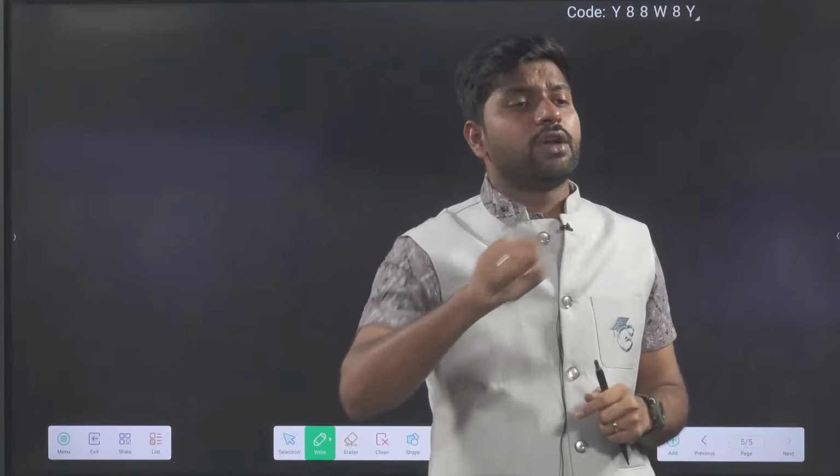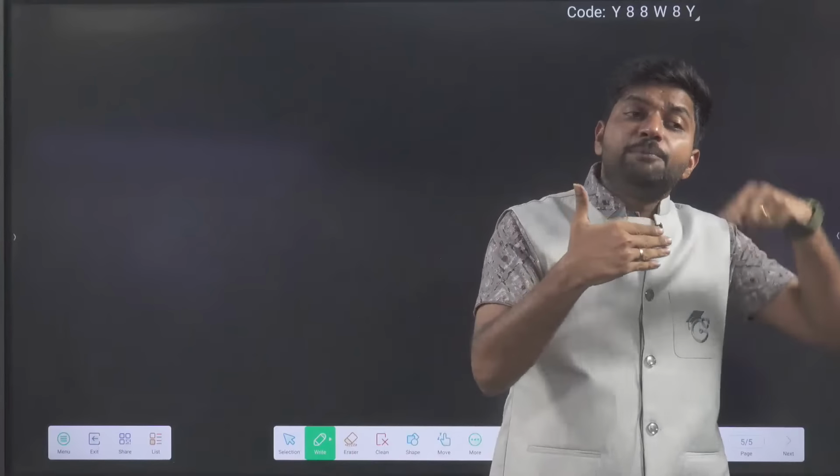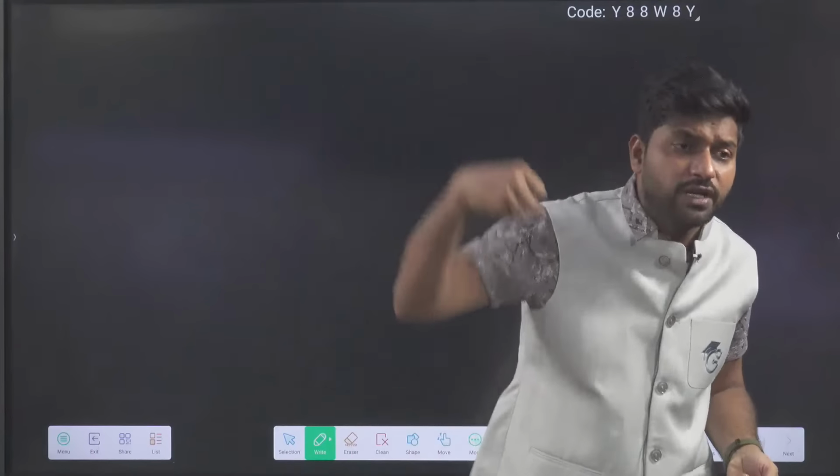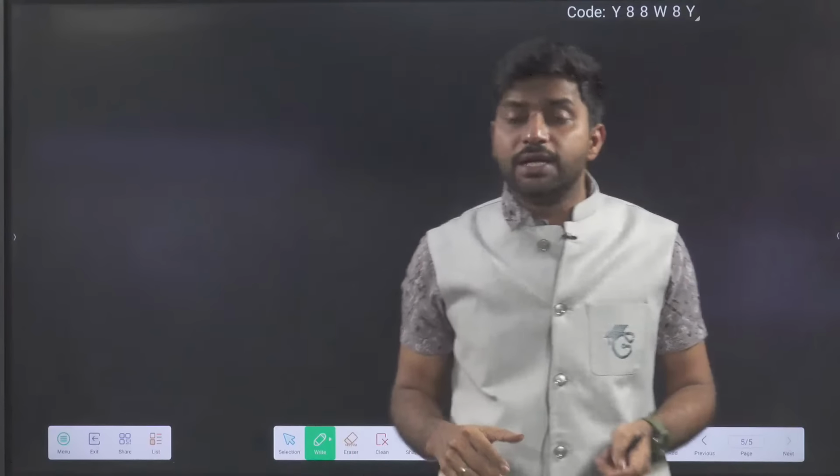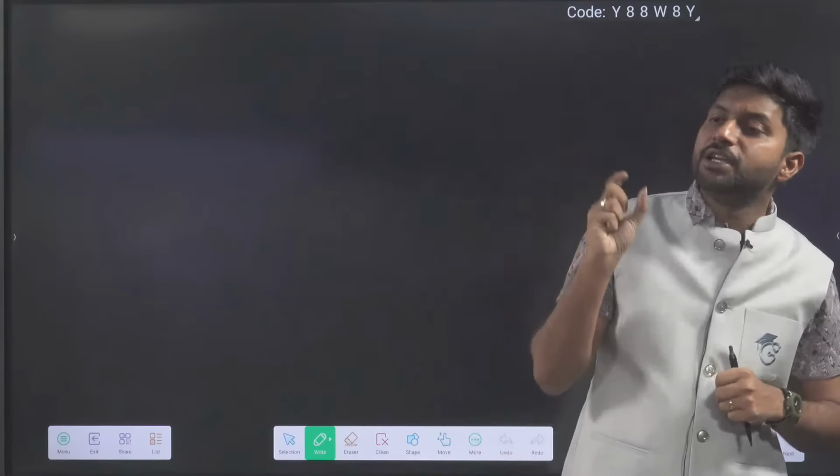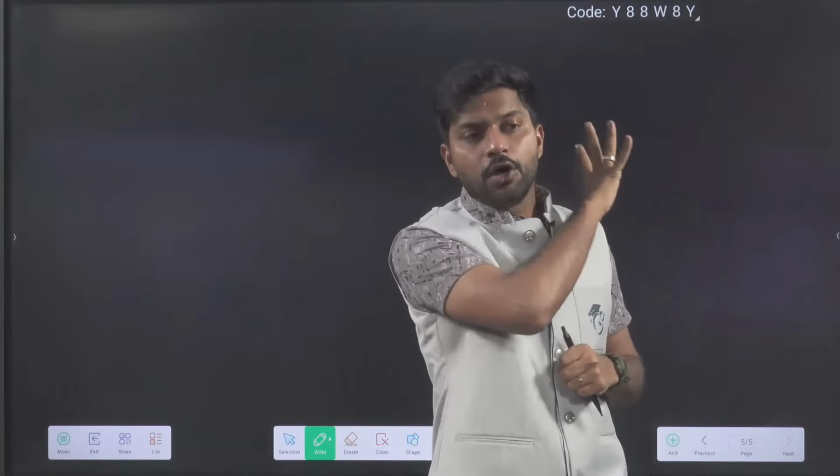If you have kept helium gas, then an He plus 2 ion will form. The 2 electrons that come out will move with the cathode ray. It means these gases ionize when they come in the path of cathode rays. So cathode rays have the ability to ionize gas particles also.